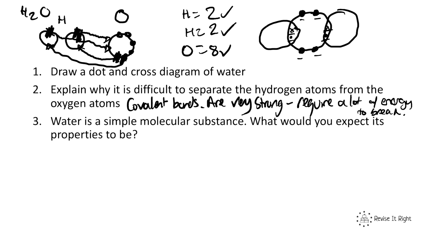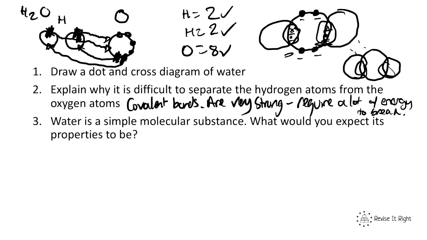So we're talking about these bonds here, the bonds between the hydrogen and the oxygen. They're covalent bonds, so they're very, very strong. However, if we draw another water molecule, the bonds between the 2 water molecules are weak. So that's why water has a low melting and boiling point. But these bonds here between the oxygen and the hydrogen are very, very strong.